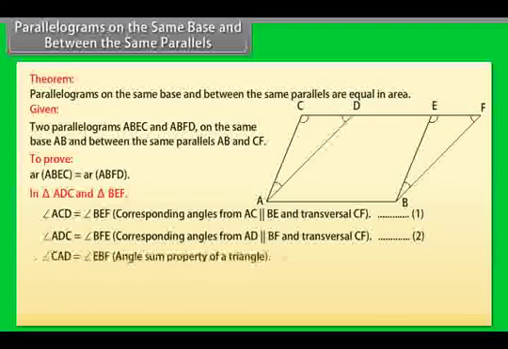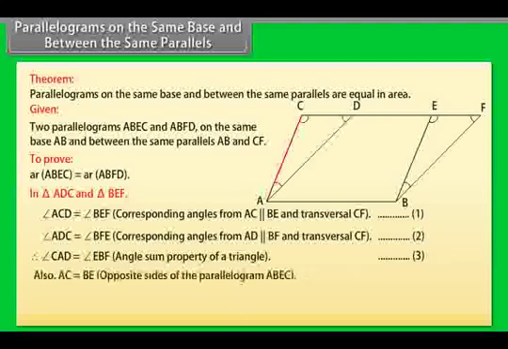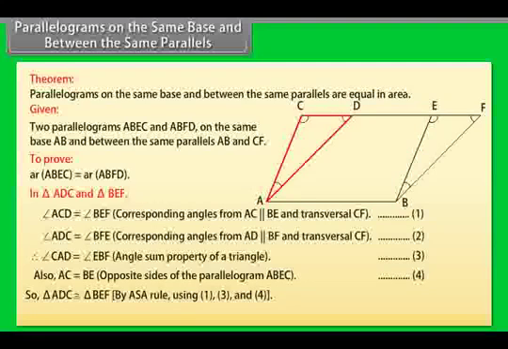Therefore, angle CAD is equal to angle EBF, by the angle sum property of a triangle. Mark it as 3. Also, AC is equal to BE, opposite sides of the parallelogram ABEC. Mark it as 4. So, triangle ADC is congruent to triangle BEF by ASA rule using 1, 3 and 4.